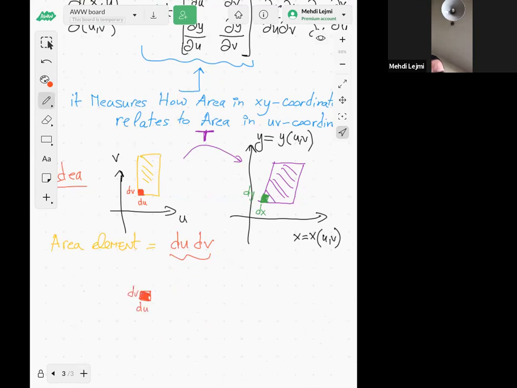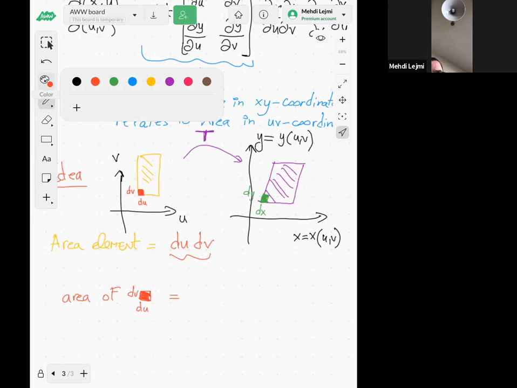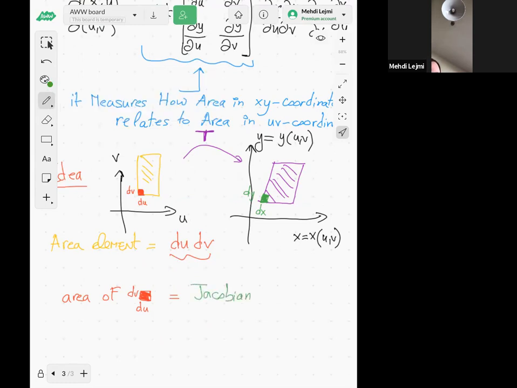So the area of this small rectangle du dv is related to the area of the image through the Jacobian.